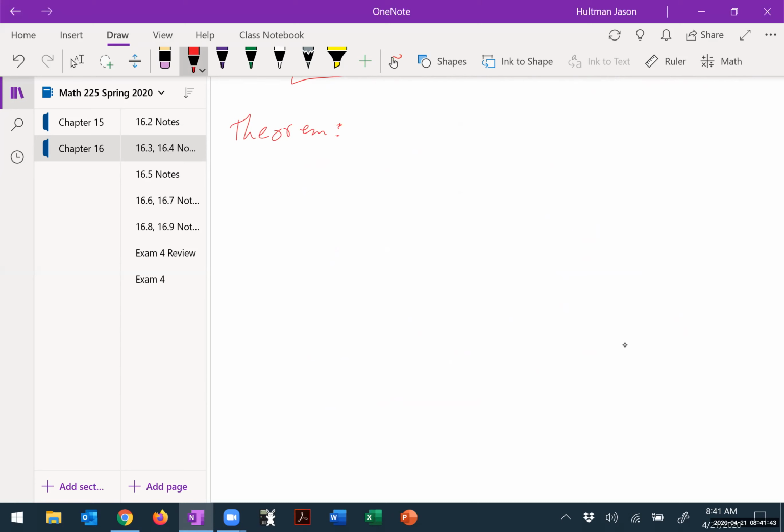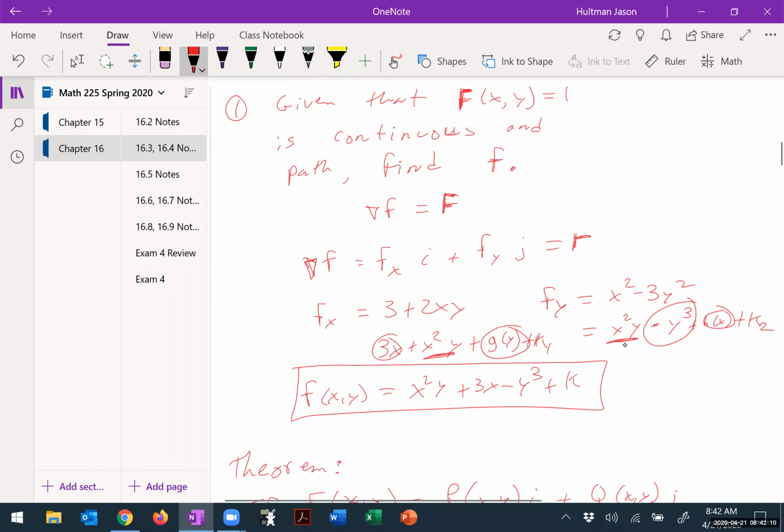If F(x,y) equals P(x,y) i plus Q(x,y) j is conservative. What does conservative mean?